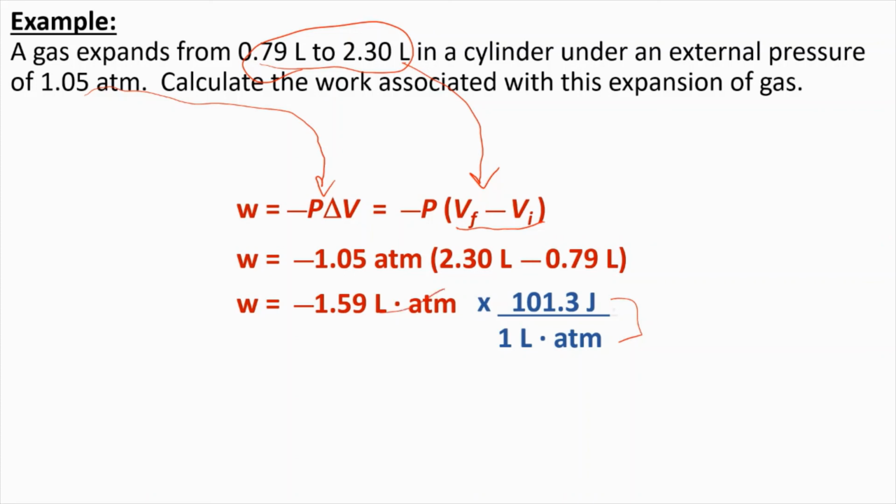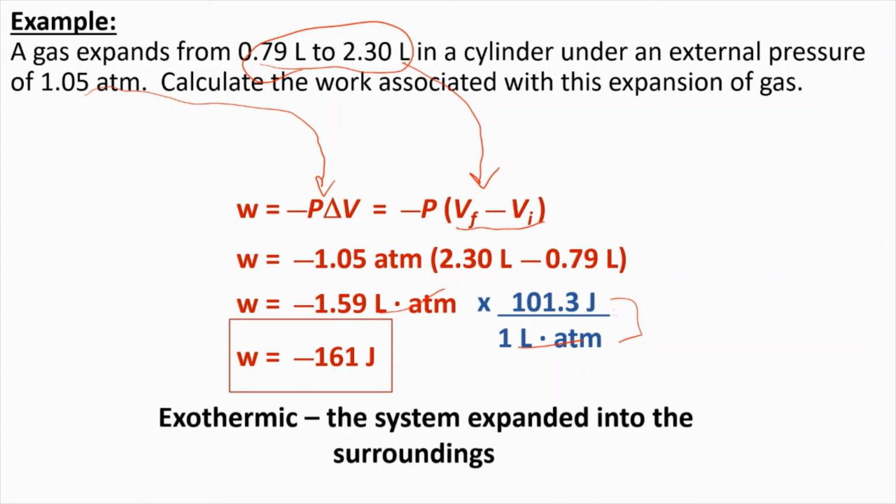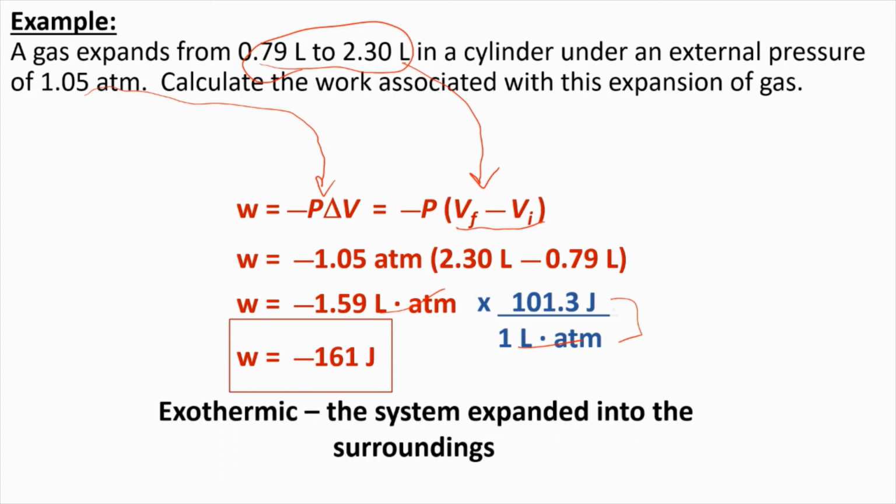My liter and my atmosphere now cancel out, giving me my overall work, and in this case, it is now just in joules. Work is measured in joules. So this tells me the system is expanding into the surroundings, which makes sense because the system is doing work on the surroundings.